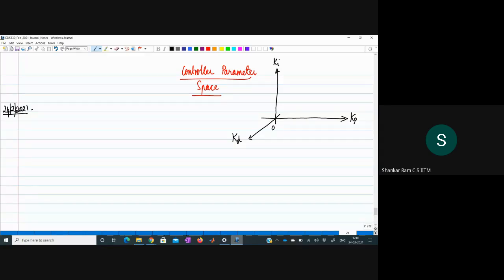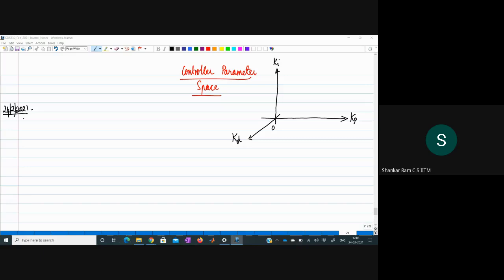So that's where we stopped, and ultimately we need to ensure that the closed loop system is stable and meets some expected performance requirements, so that we achieve the desired response from the closed loop system. So that's where we stopped.